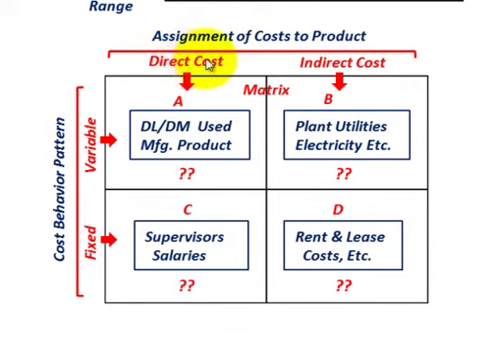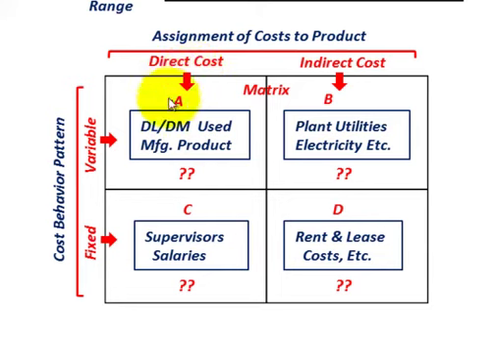So that's what we discussed here, the assignment of cost. So for our direct cost, for example, looking at a direct variable cost, that would be like our direct labor and direct material used in manufacturing the product, because as your production volume increases, you're going to have to increase your direct labor and your direct material.